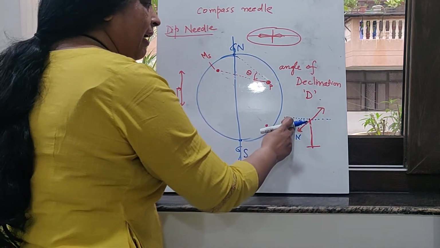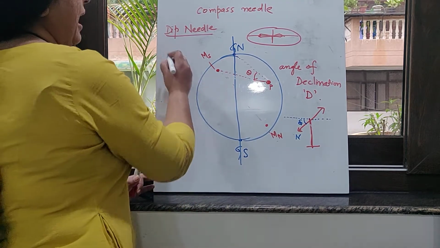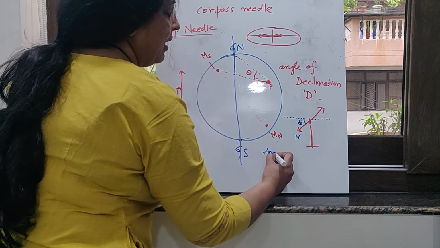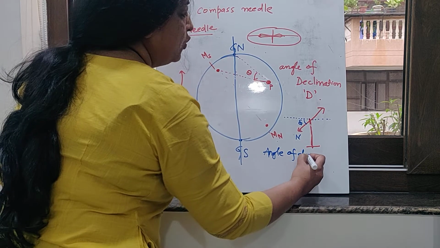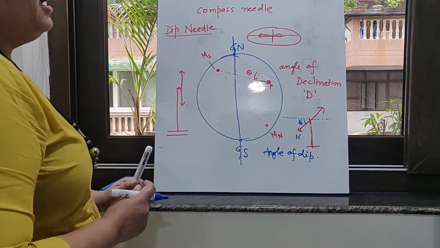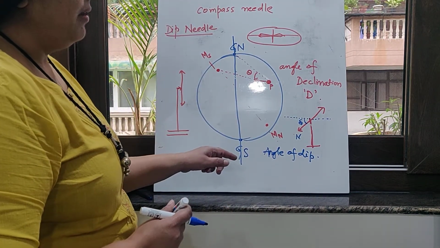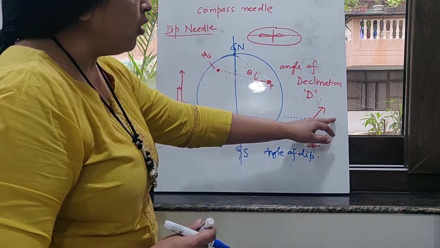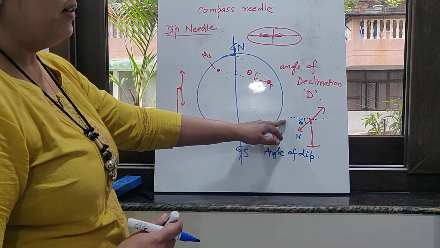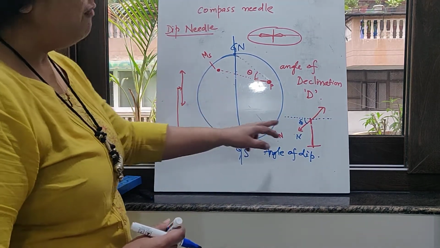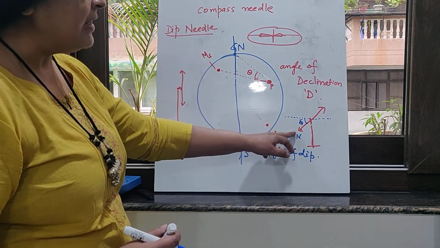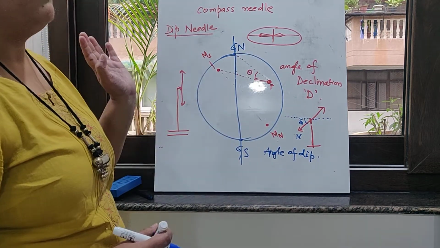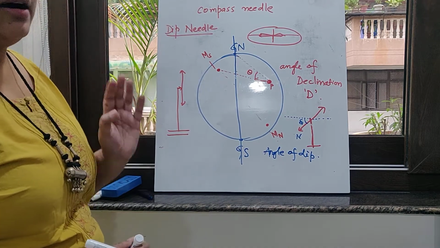Then this delta is known as the angle of dip. So what is the angle of dip? It is the angle made by the horizontal line with the direction in which the dip needle aligns itself at any position on the surface of the earth.